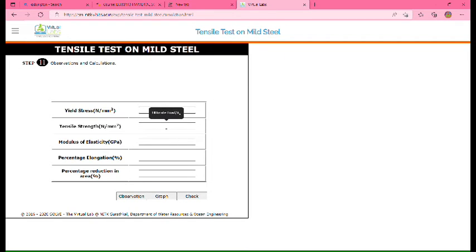And for the tensile strength, we use a formula: ultimate tensile load divided by original area, and we got 481.23 Newton per square millimeter.